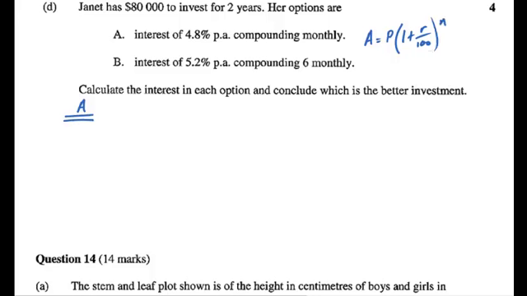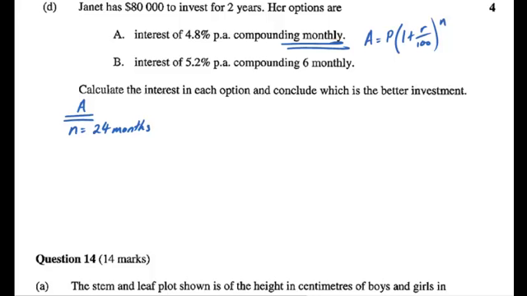Now, if it's compounding monthly, like it is in part A, then we need to change it from 2 years into how many months. So 2 years would become 24 months. Actually, I'll write that down here. So N is 24 months.